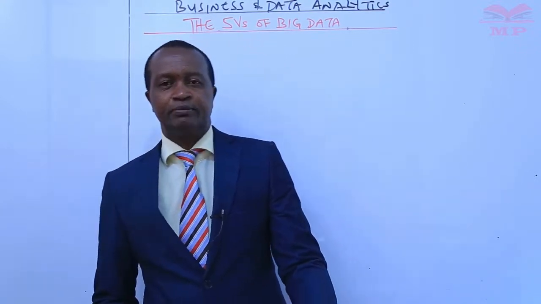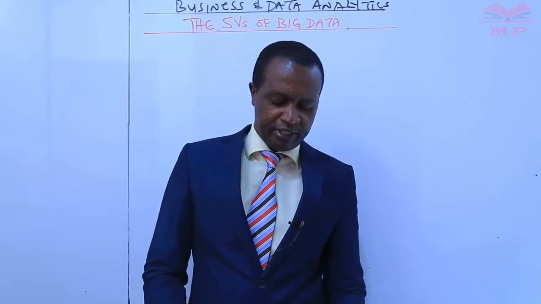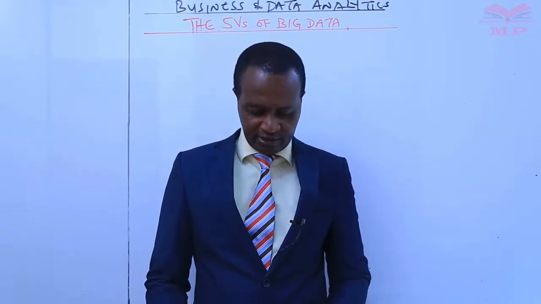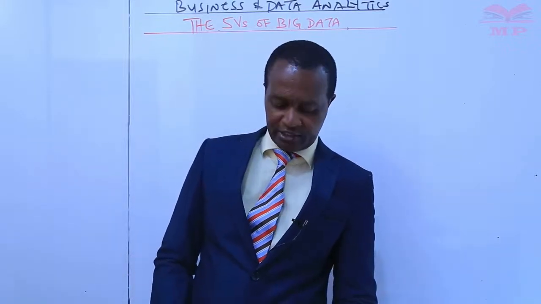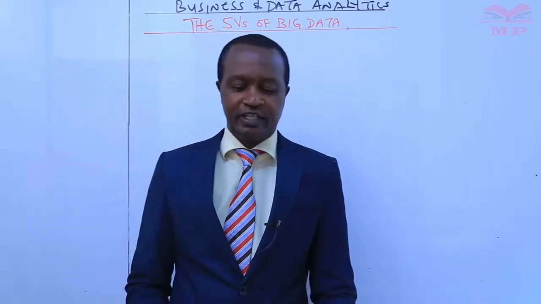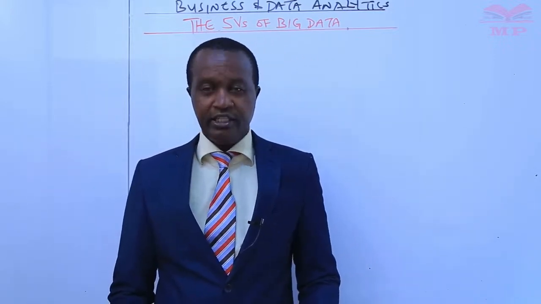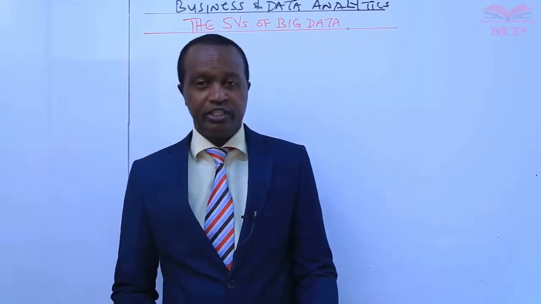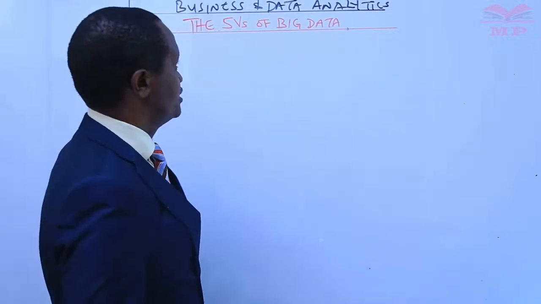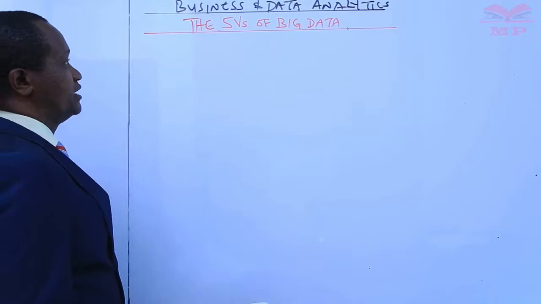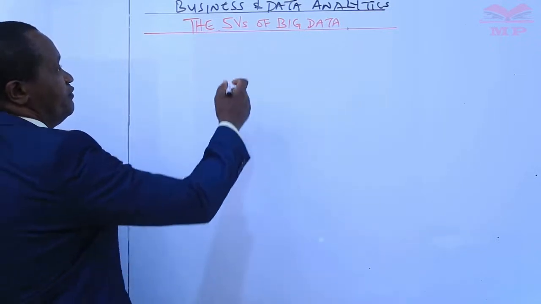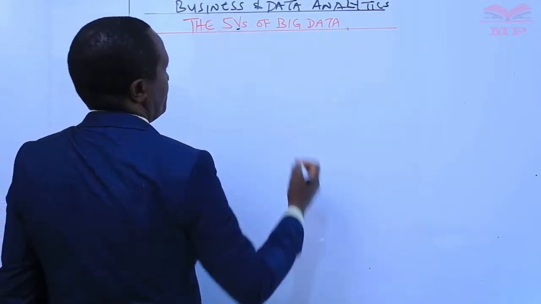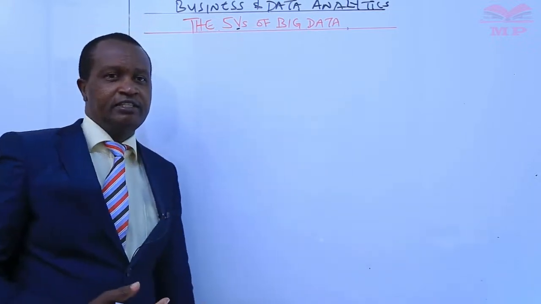Then in the second subtopic, we've begun looking at big data and data analytics. In our last lesson, we defined big data. In today's session, we're going to describe the 5 V's of big data.